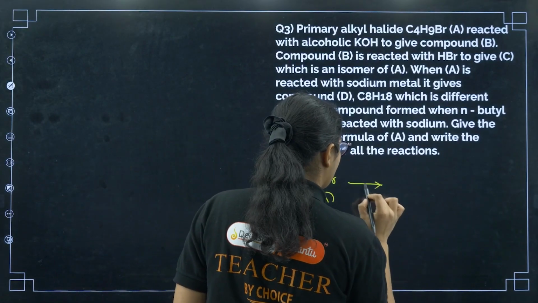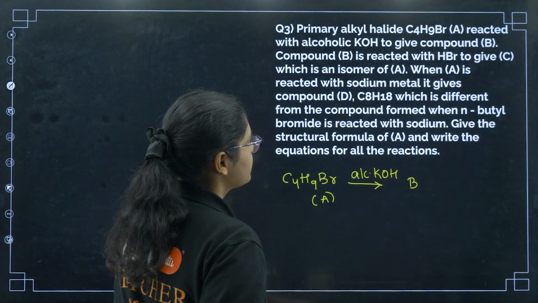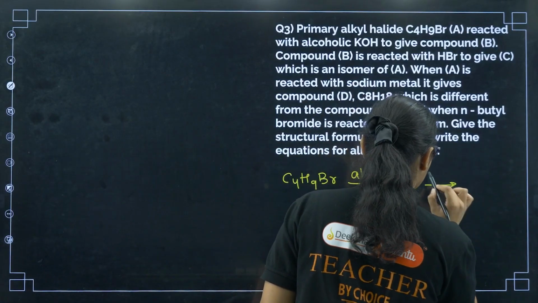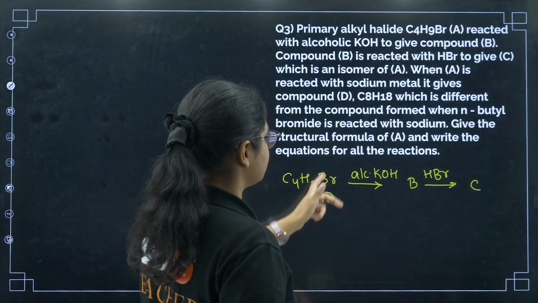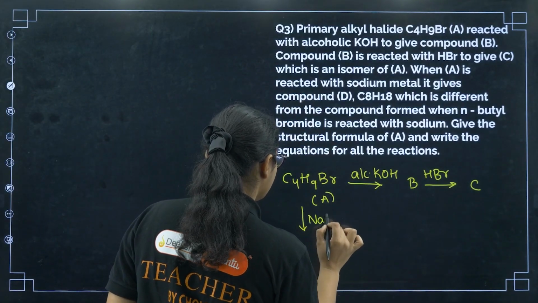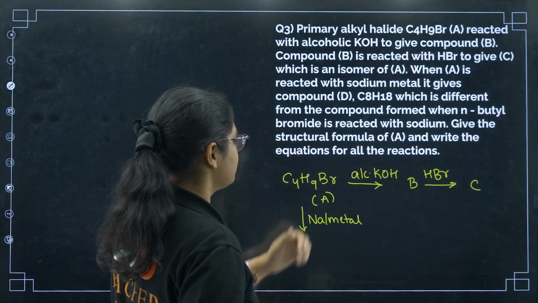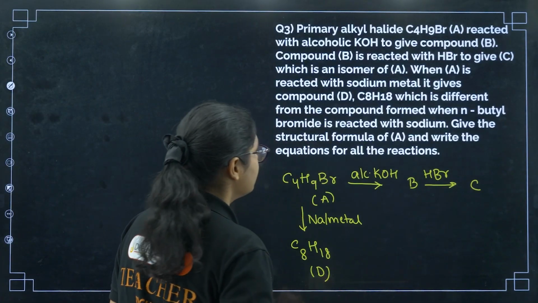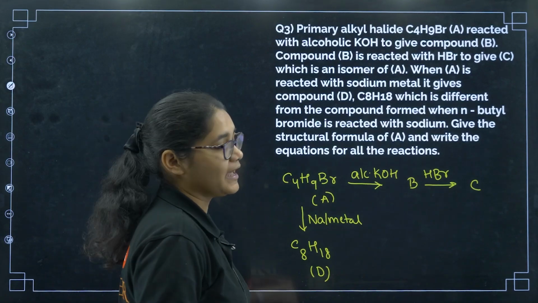Okay, so if you have here alcoholic KOH, it gives you compound B, right? Now compound B is reacted with HBr to give you C, which is an isomer of A. When A is reacted with sodium metal, that is your Wurtz reaction, it gives you compound D, that is C8H18, which is different from the compound formed when n-butyl bromide is reacted with sodium.